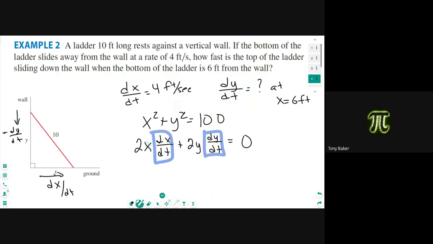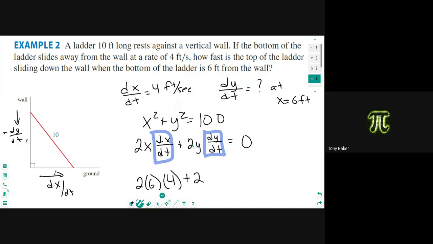So we know dx dt is 4 feet per second. Okay, so we know that. And we know x, right? x is 6. And dx dt is 4.